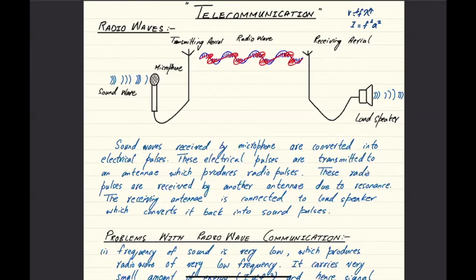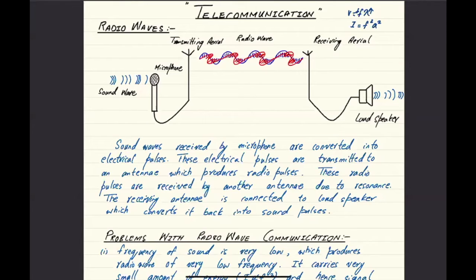And guys, there's a third problem as well. If you talk about using the frequency of sound waves, generally the sound waves have frequencies in a very short range, very similar to each other.